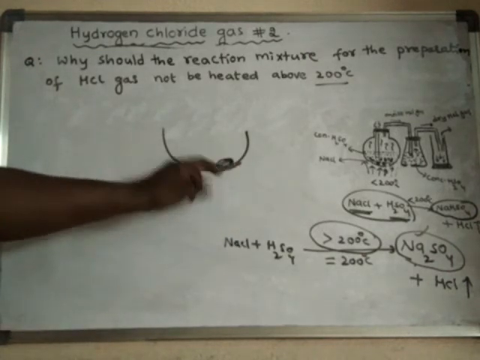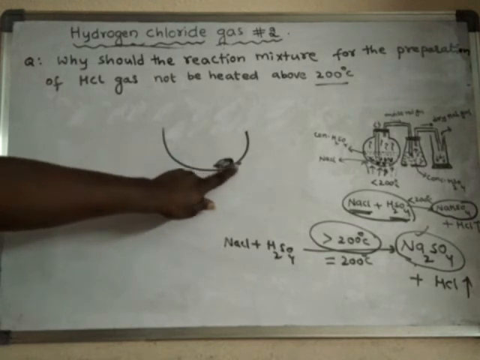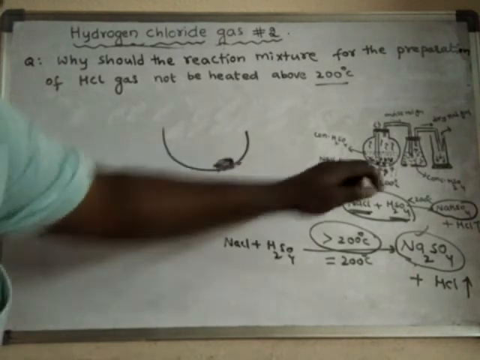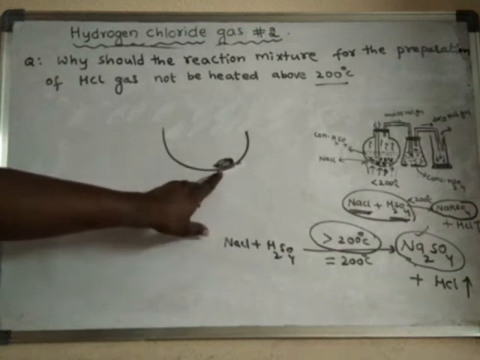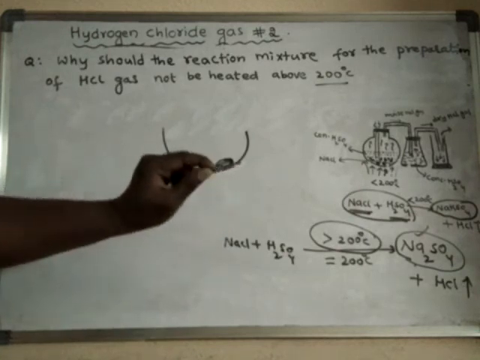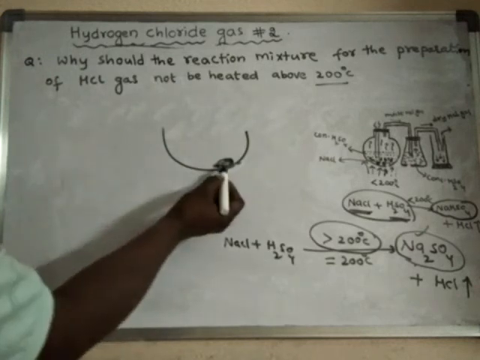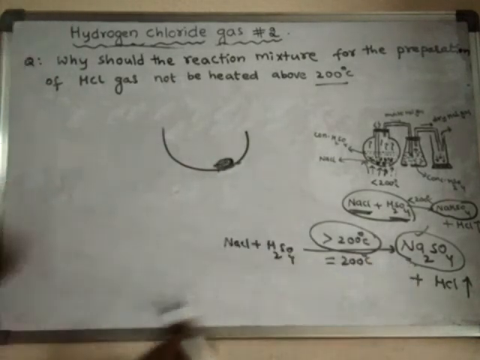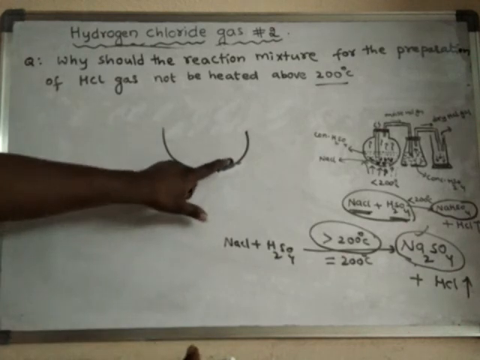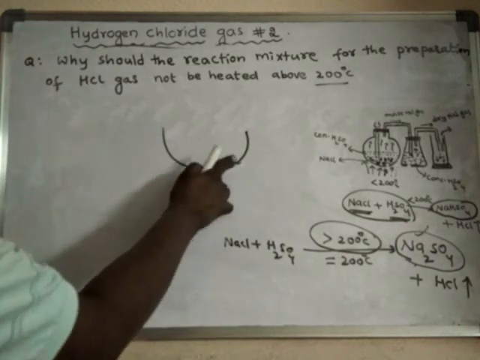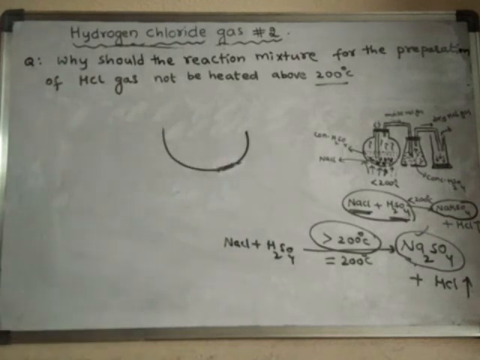At this portion the glass also becomes somewhat melted, a little bit. And the sodium sulfate will try to enter into the glass material and become a part of the glass.